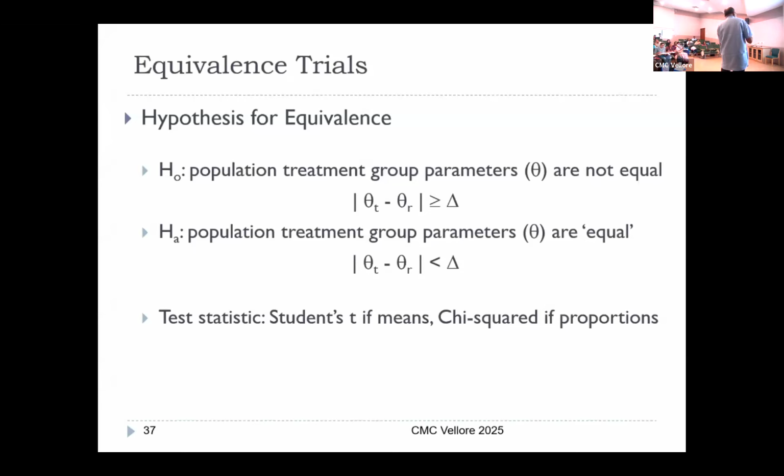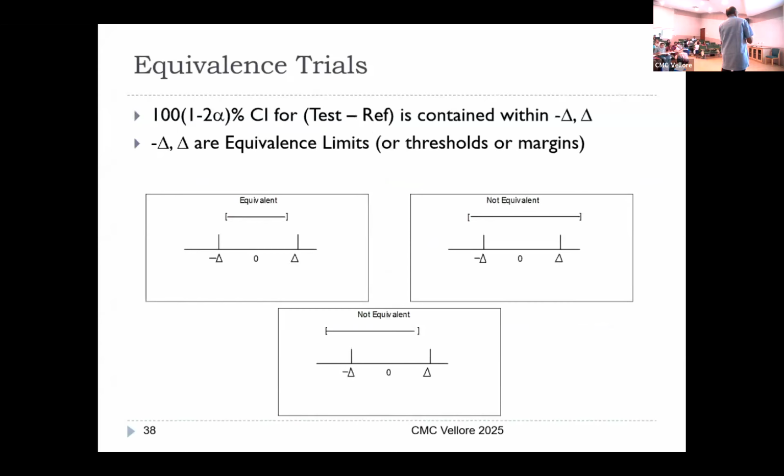And then we do the same test. The problem with this is equivalence then means that the 95% confidence interval should be between minus delta and delta. So not equivalent is if it's wider or one of these sides goes over.